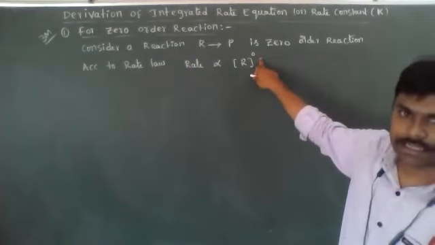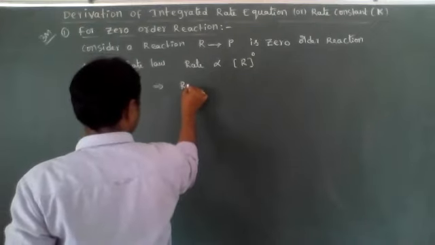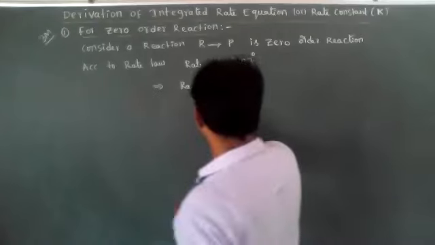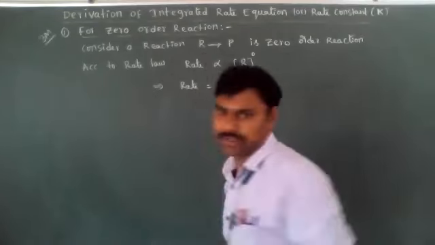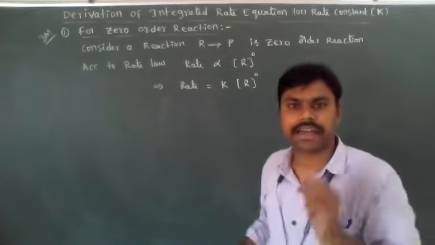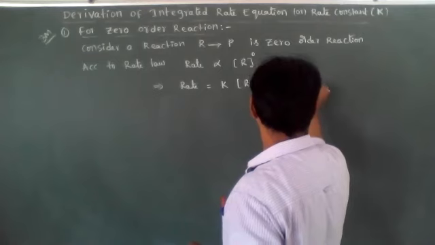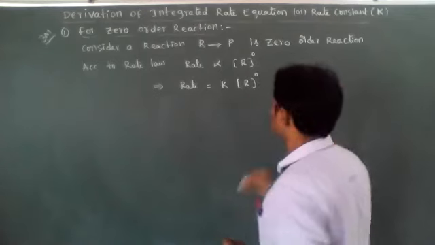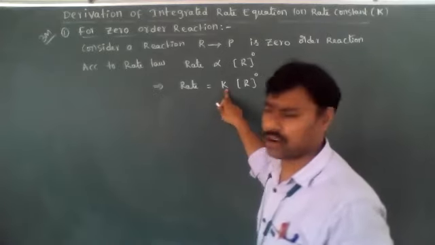The order is equal to 0. Now the rate is equal to K into the concentration of R to the power of 0, where K is called the rate constant and R to the power of 0 is equal to 1.